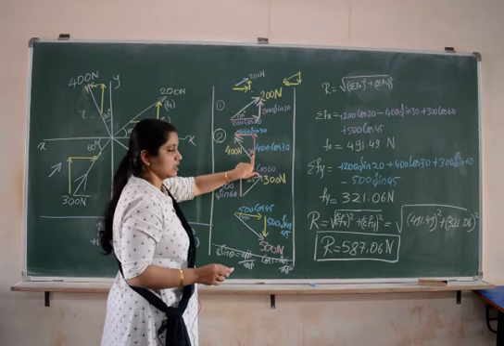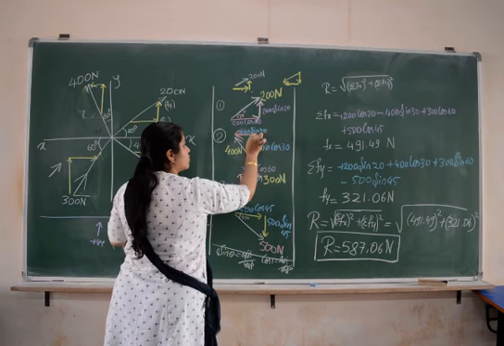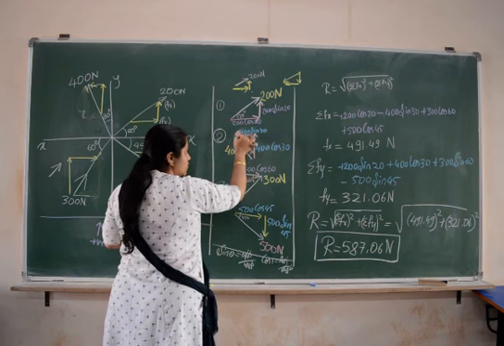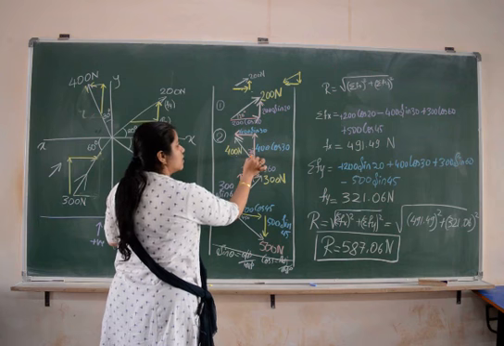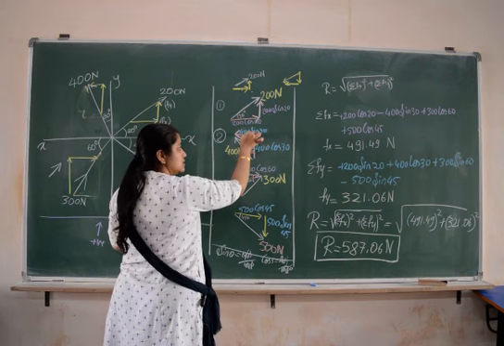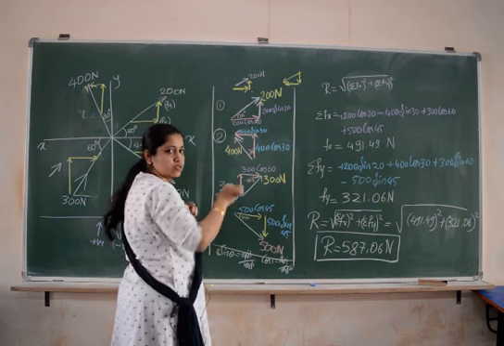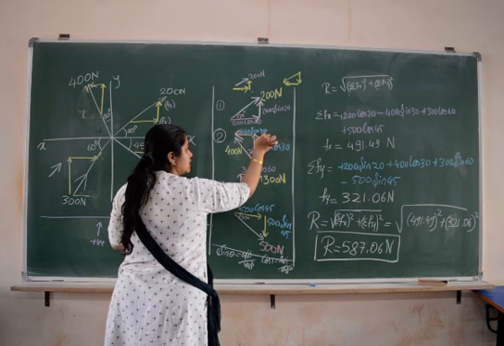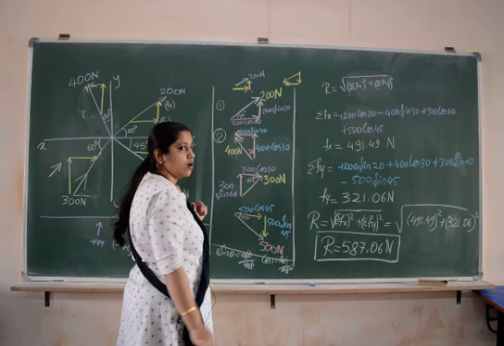I will replace this with the component forces such that the direction of this goes and meets to the given force. Therefore, opposite becomes the sine, adjacent becomes the cos. So, this component becomes 400 sine 30 and this component becomes 400 cos 30.